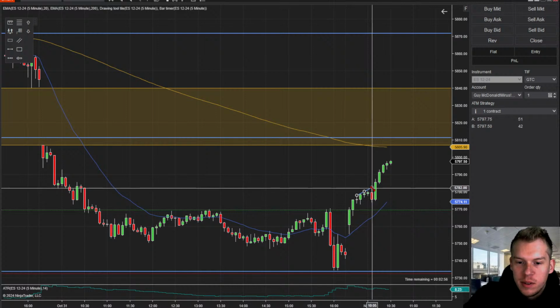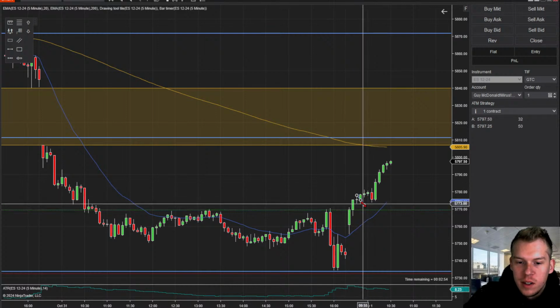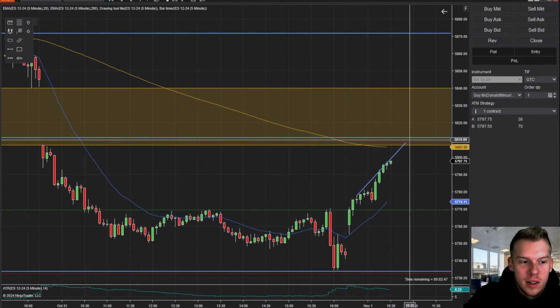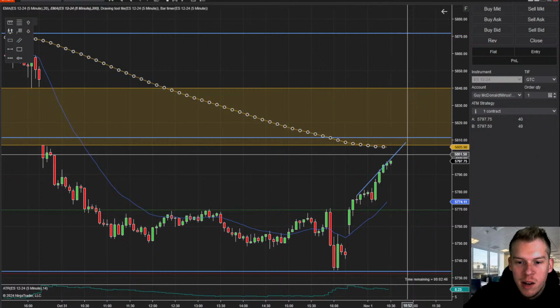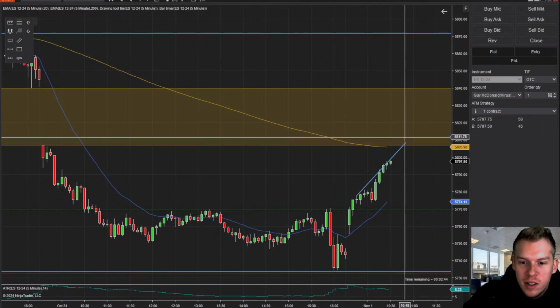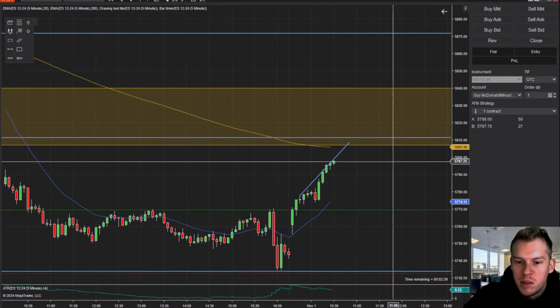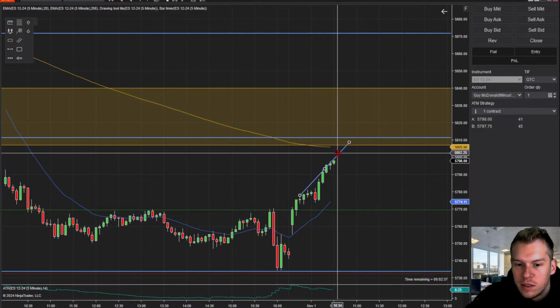The setup for me would be getting some sort of wedge pattern here, like first push, second push, and then a third push up. Maybe that's just testing the moving average, testing yesterday's open, and that ultimately fails, and then we can get a bear bar to sell below somewhere over here.